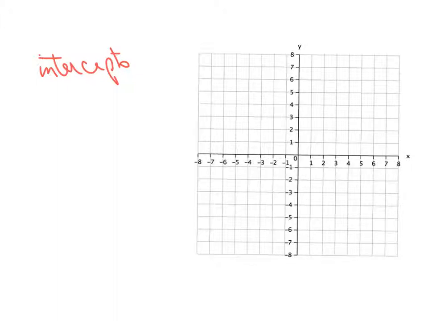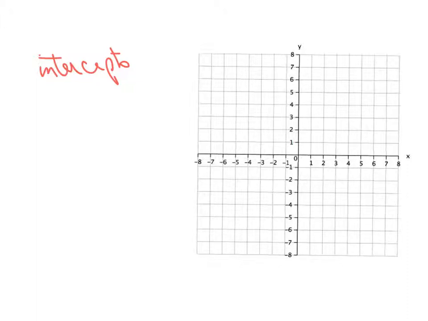Intercepts are where the line, or the parabola in this case, crosses either the y-axis or the x-axis or both. It's where it intersects, it crosses. So that's what I'm going to be doing here, looking for a chance to find those points where the parabola crosses the graph somewhere.